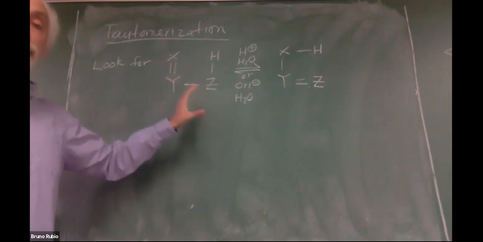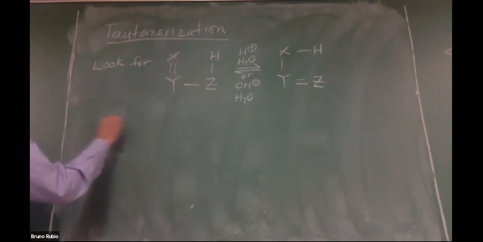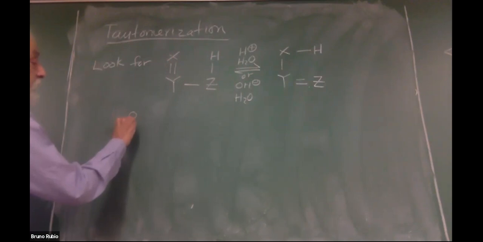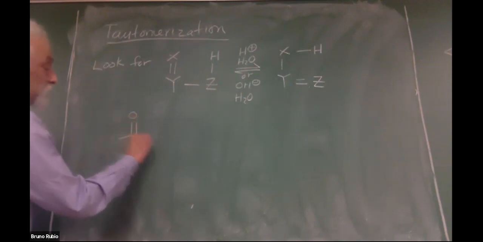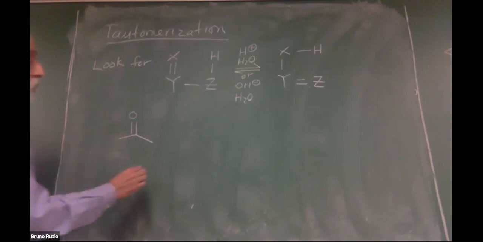Let's do some product prediction and then some mechanisms. The most important tautomerization in organic chemistry is called the keto-enol tautomerization. This is acetone.